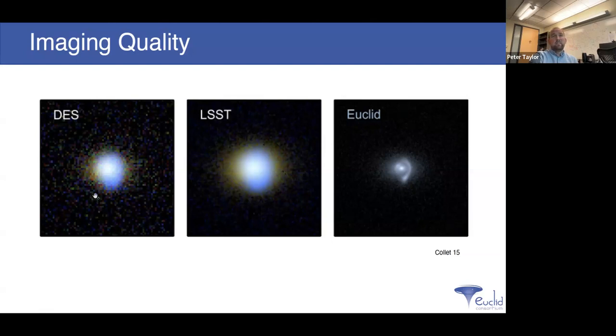DES is here on the left, LSST is in the center, and Euclid is off here to the right. And really what you can see is that it's only in Euclid that we're able to resolve this strong lensing system. So there's tons of other science cases beyond weak lensing where this really small PSF is going to be a huge advantage.